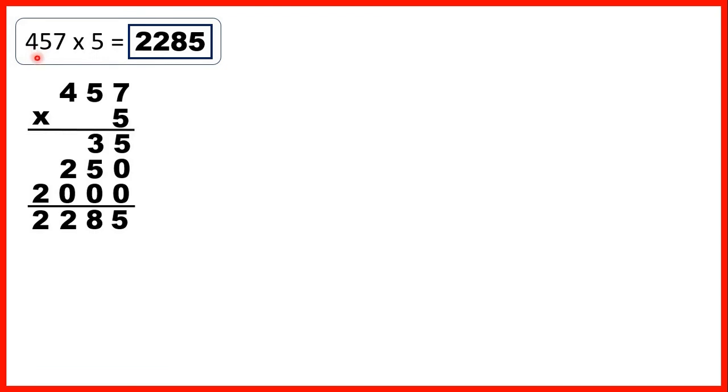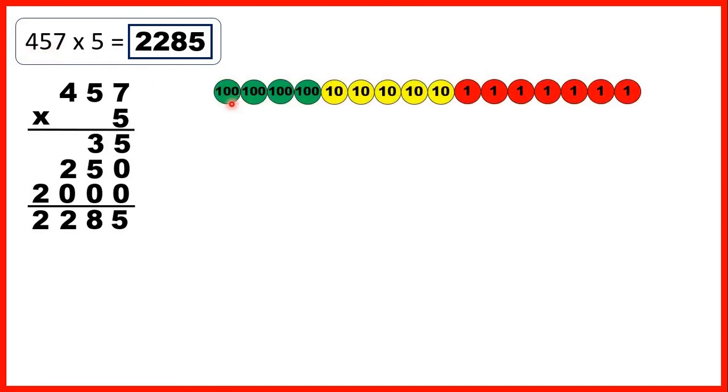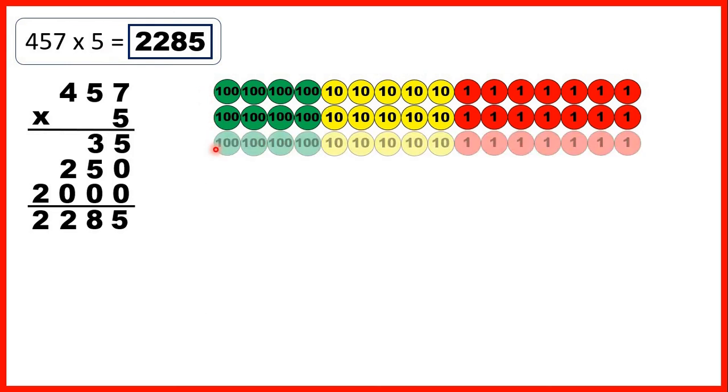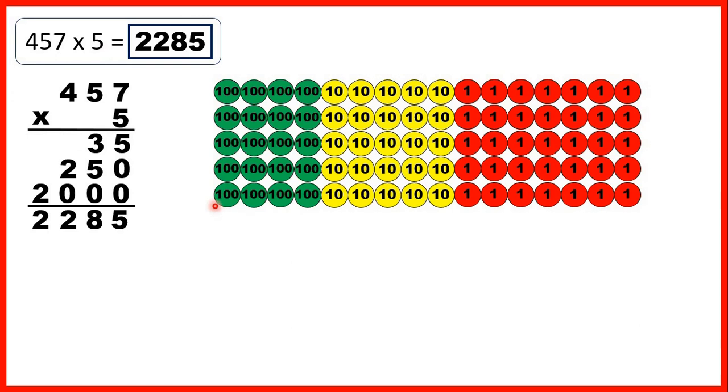Then we had 457, so that's 4 hundreds, 5 tens, and 7 ones, and we were multiplying by 5, so we can show 457 2, 3, 4, 5 times.